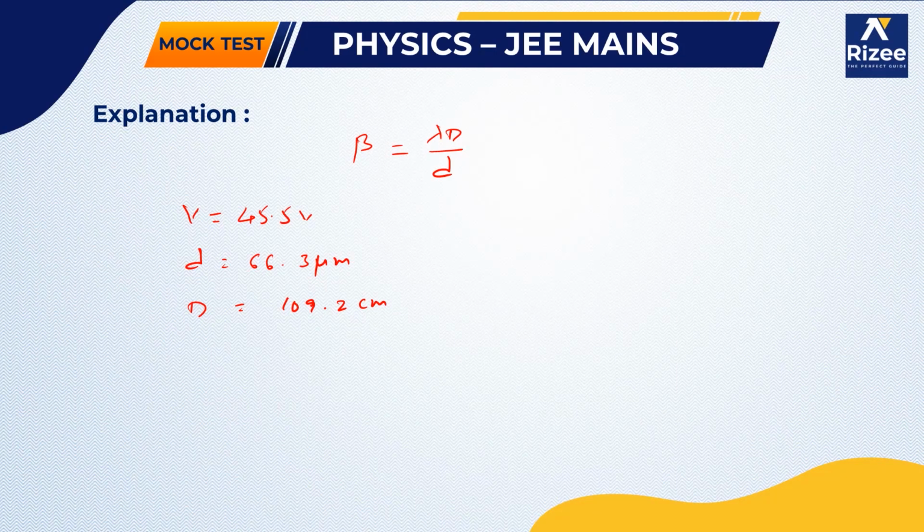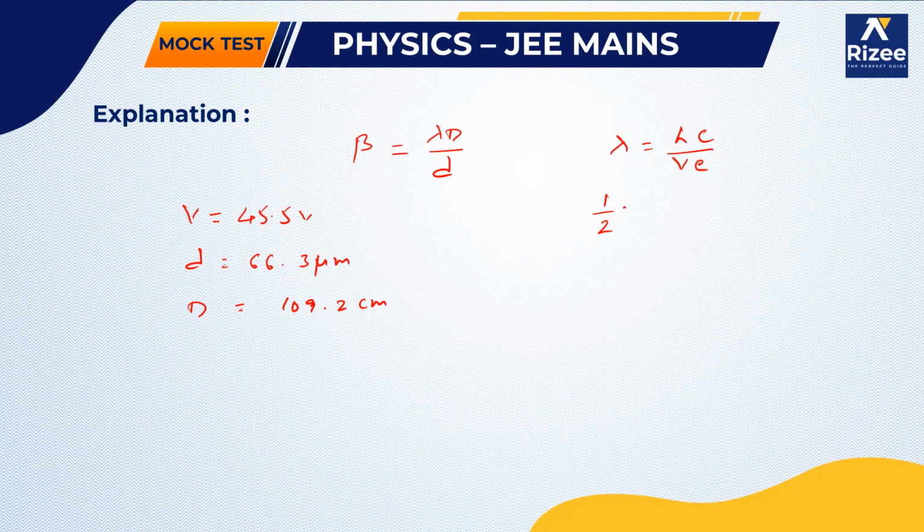So from this, how can you determine the value of lambda? We need to determine the wavelength. Lambda can be written as hc by potential into charge. Or else, these electrons are accelerated by some potential difference, which gives them some kinetic energy.